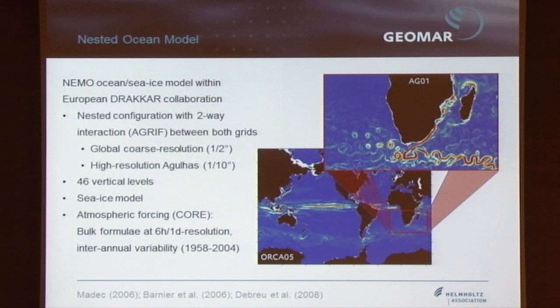So a model with nest and a model without nest is able to isolate and highlight the importance of the Agulhas mesoscale effect on the large-scale circulation. I spare you the rest of the model details, but it's important that we run hindcast experiments with prescribed atmospheric forcing at full 6-hourly daily resolution and interannual variability of the past 40 years or so.